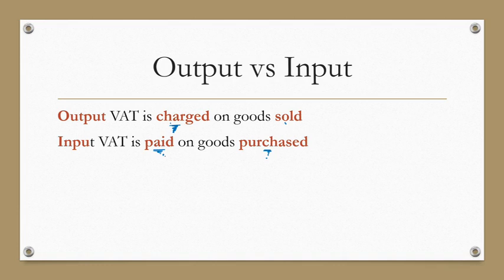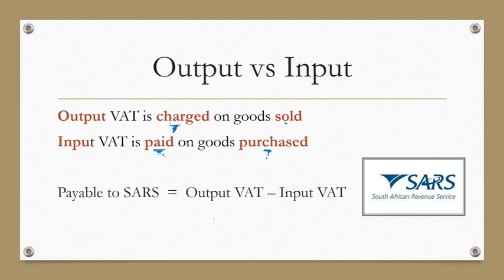And because we are registered as a VAT vendor, we can claim that back from SARS. So output is charged on what we sold, and input is paid on what was purchased. And obviously the amount payable to SARS is the output VAT minus the input VAT.